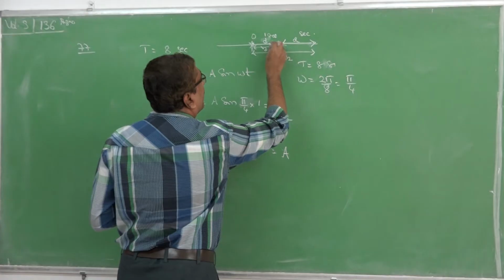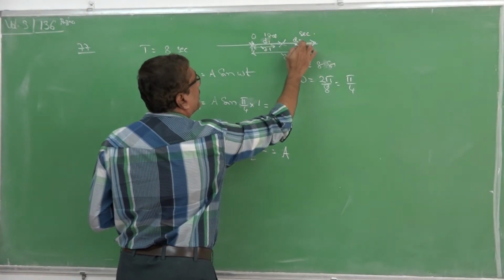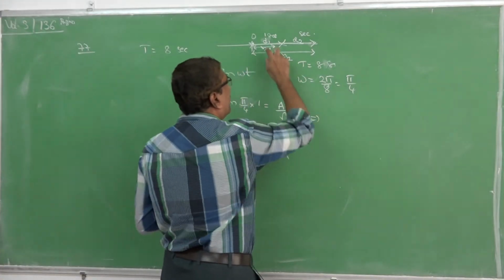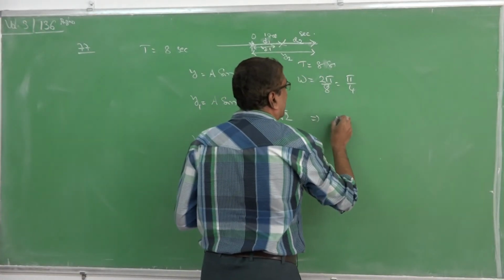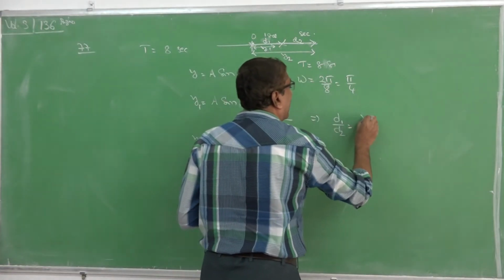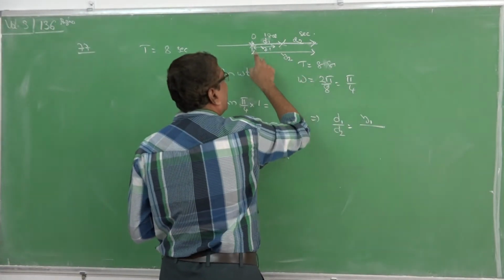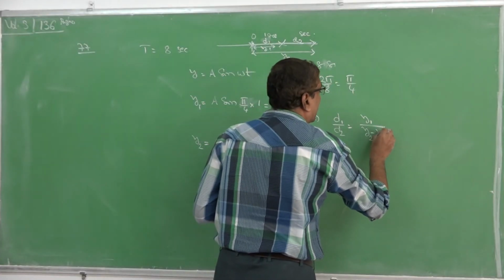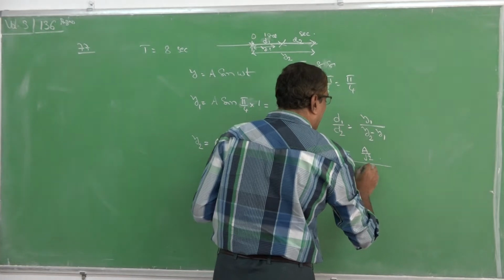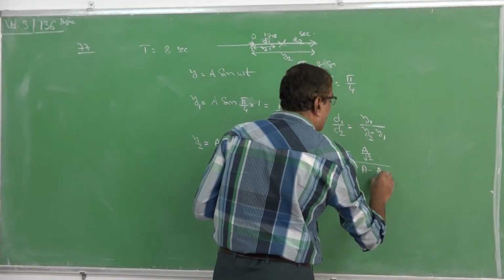Now we have to take the ratio d1 to d2, but d2 is nothing but y2 minus y1. But y1 is equal to d1. So d1 by d2 is equal to y1 by y2 minus y1. So that is a by root 2 by a minus a by root 2.